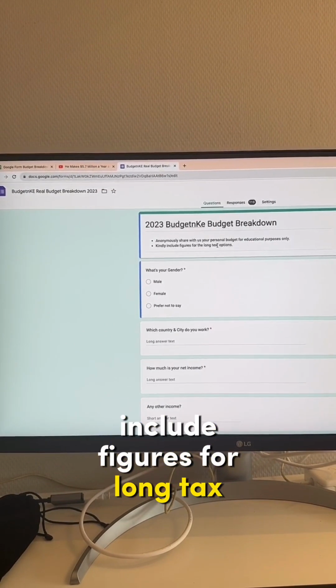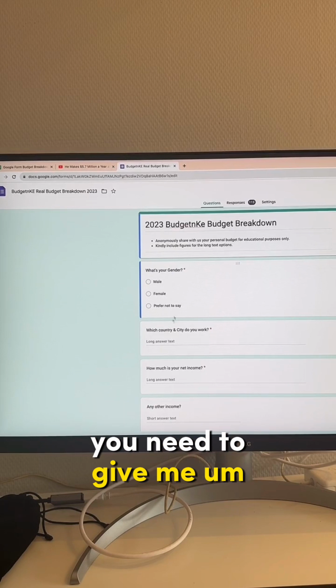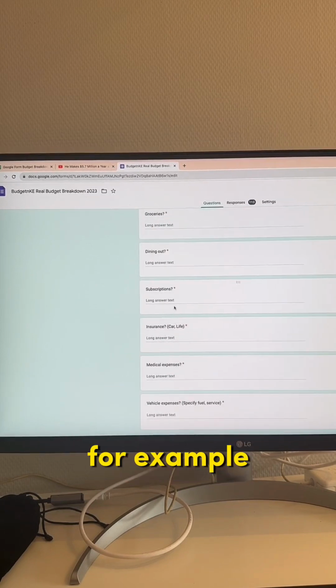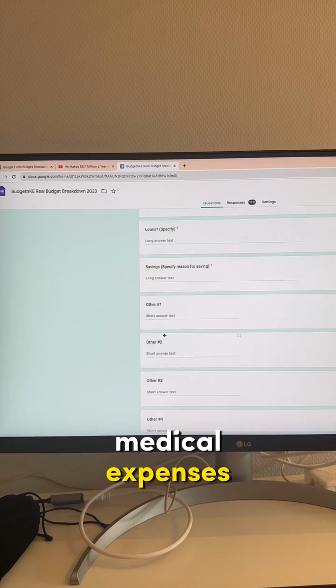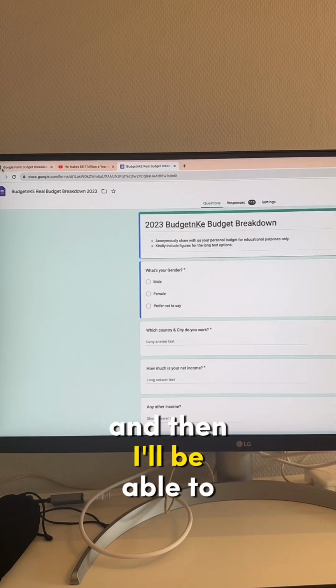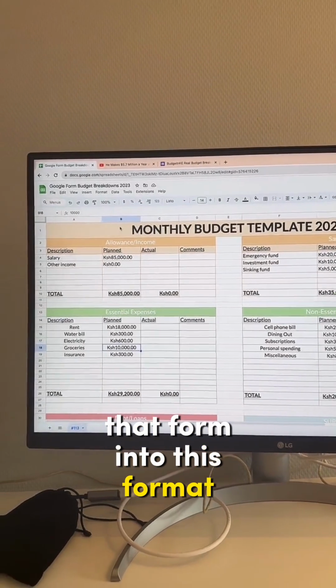Basically, when you fill this, you need to give me your expenses, for example subscriptions, dining out, groceries, medical expenses, vehicle expenses. You share them with me anonymously, and then I'll be able to convert that form into this format.